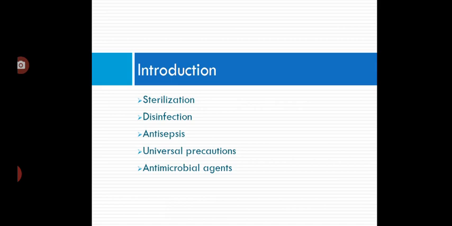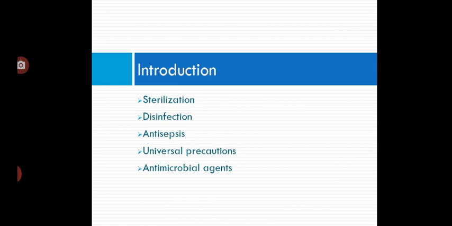Disinfection means the destruction of all pathogens or organisms capable of producing infections, but not necessarily spores. All organisms may not be killed, but the number of organisms is reduced to a level that is no longer harmful to health.